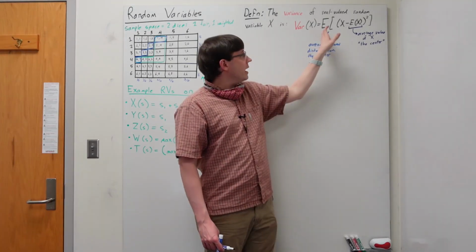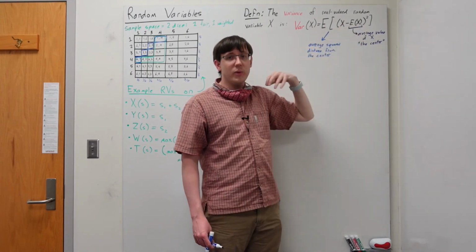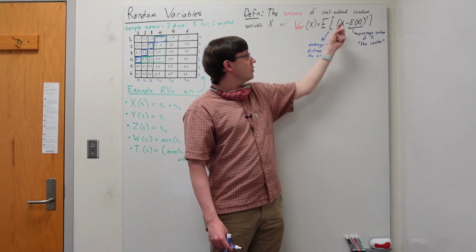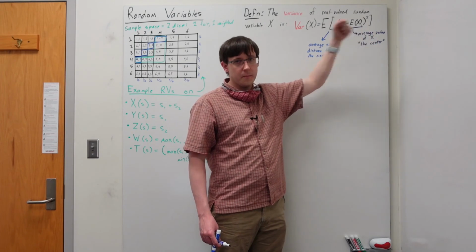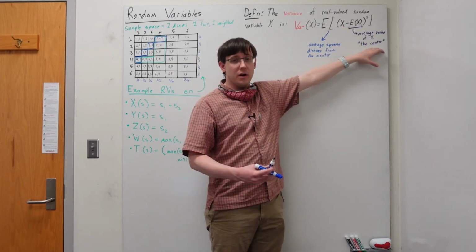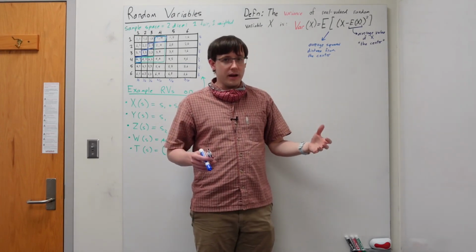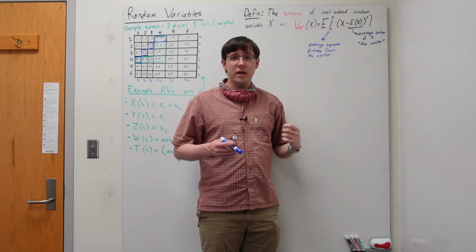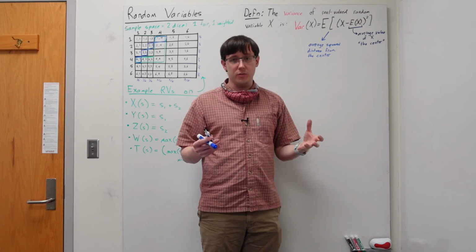Then we are taking the expectation of a new random variable that we have defined as the squared difference between x and its expectation. And so if the expectation gives us the center of how x's values are spread, then we are taking the squared difference between values of x and the center of the distribution.